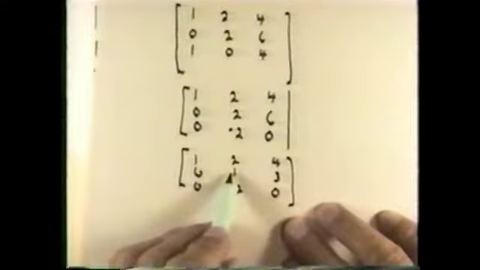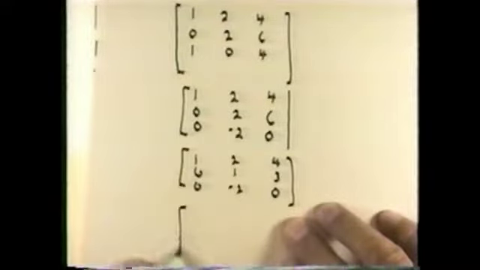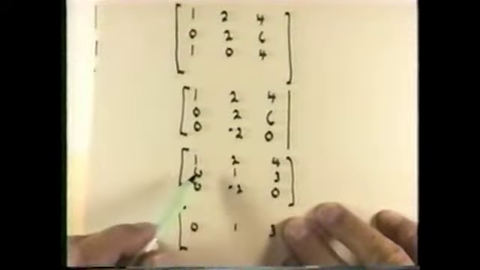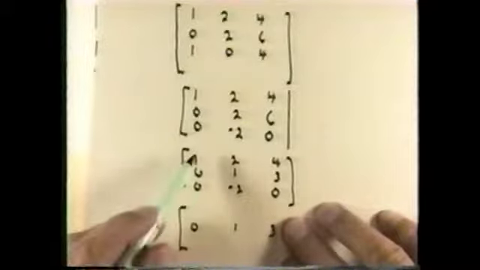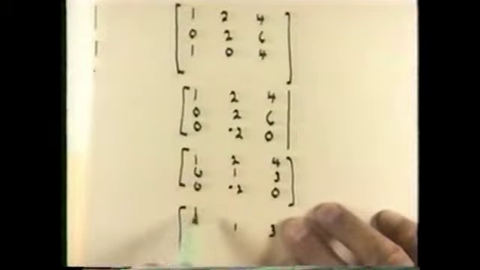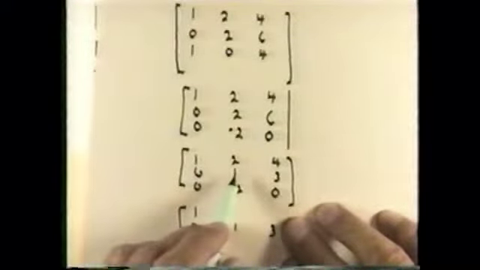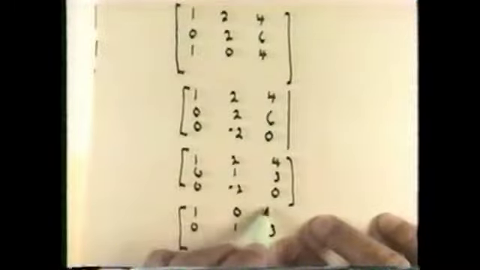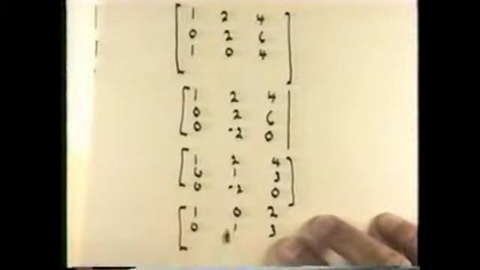I'll multiply row 2 by negative 2, add to row 1. So leave row 2 the same. Negative 2 times 0 is 0. 0 plus 1 is 1. Negative 2 times 1 is negative 2 plus 2 is 0. Negative 2 times 3 is negative 6 plus 4 is negative 2.